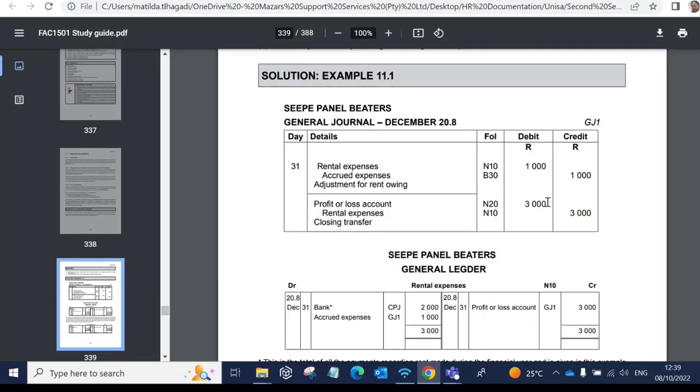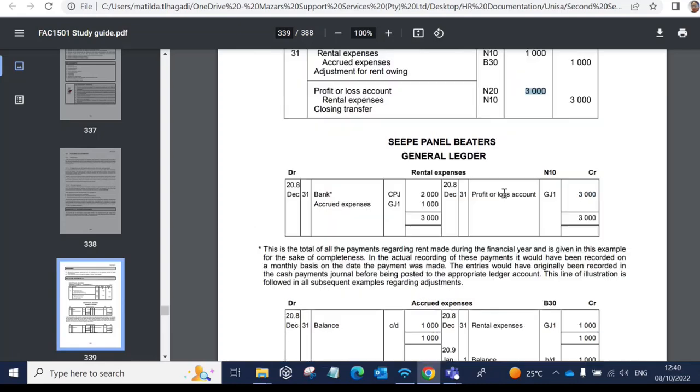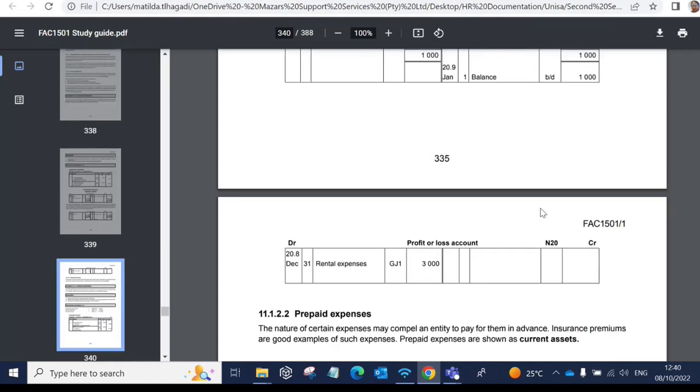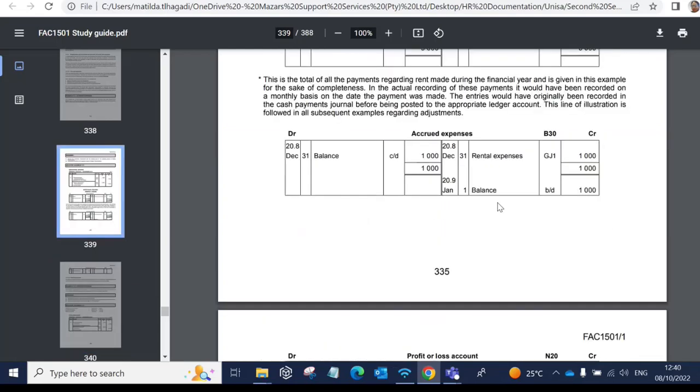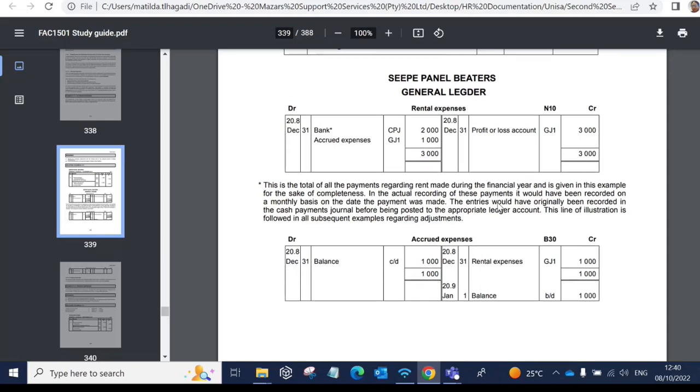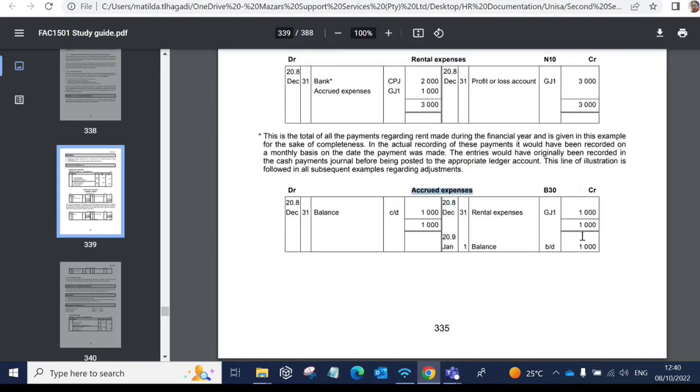They're moving the total rent, which is supposed to be 3,000, closing that account with 3,000 and debiting the profit and loss with the 3,000. So the rental expense now is 0 because the whole balance of 3,000 has been moved to the profit and loss account. The accrued expense will be 1,000 rand, which is 250 times 4.